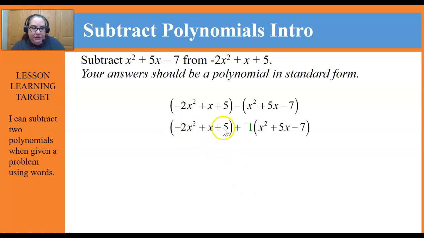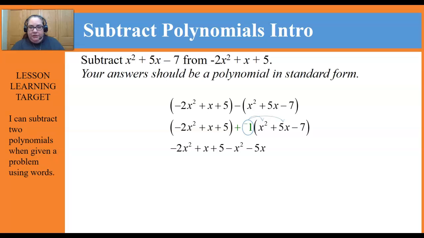The first thing that I would usually do is just get rid of the parentheses of that first polynomial, because we really don't need them. Then we distribute the negative 1 to the x squared, which is negative x squared. We distribute the negative 1 to the 5x, which gives us negative 5x.